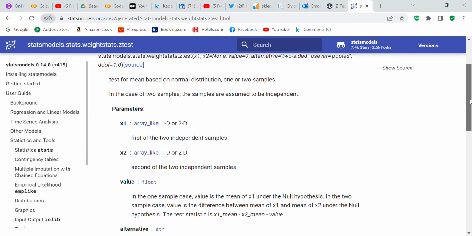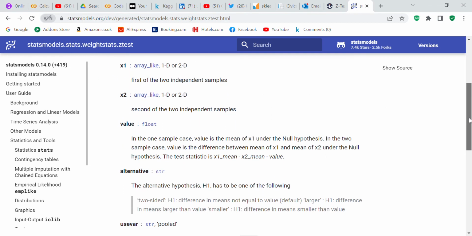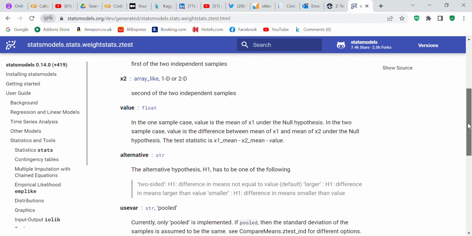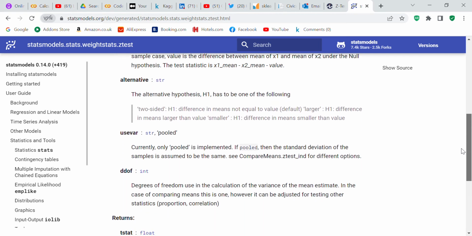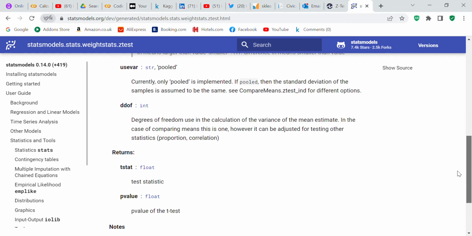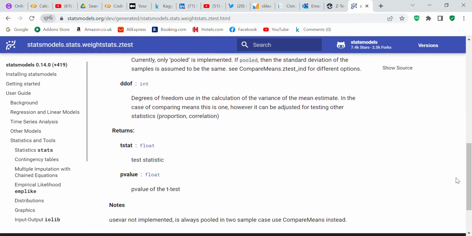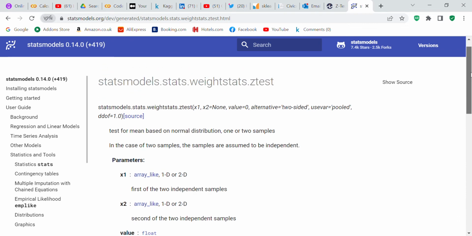It gives you the parameters: the values, an alternative, a use of variance, and a ddof. It returns the test statistic, which is a float, and a p-value of the test statistic, which is a float. Unfortunately, I'm not an expert on statsmodels. I would like to learn statsmodels a lot more and become an expert, but I'm not an expert right now.